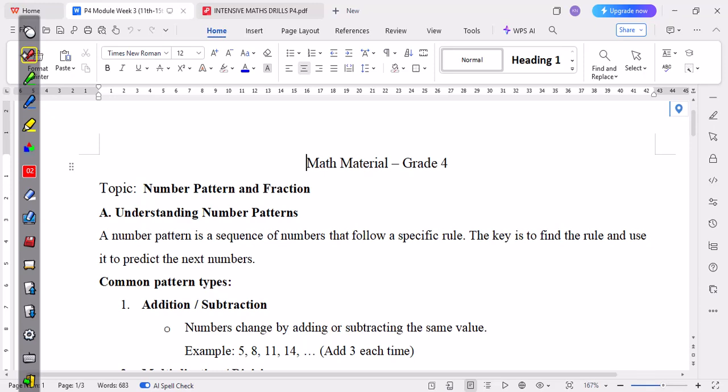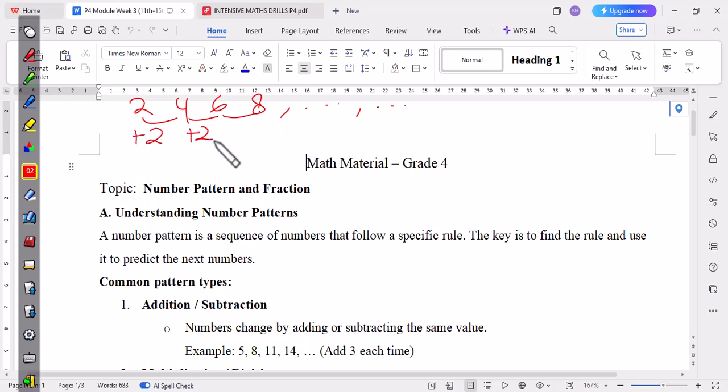For example, we have 2, 4, 6, 8, and a blank number. So from here, we try to find what's the rule of the sequence. And we can see that in every number, the difference between two numbers is 2.